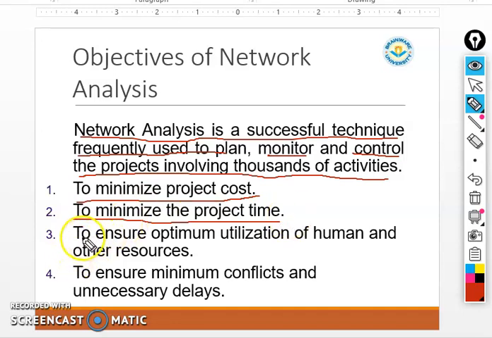The third one is to ensure the optimal utilization of the human and the other resources. It is also very important when we construct a building.